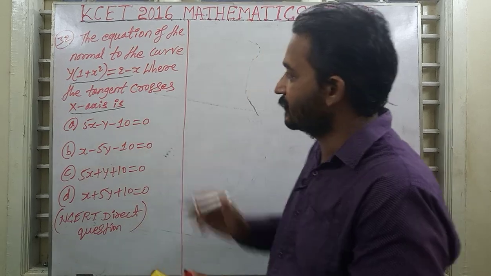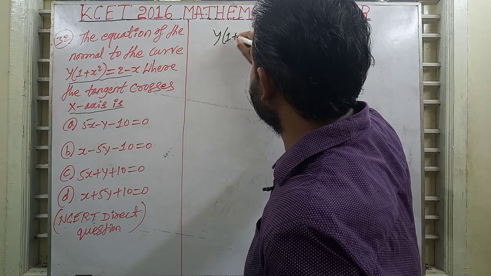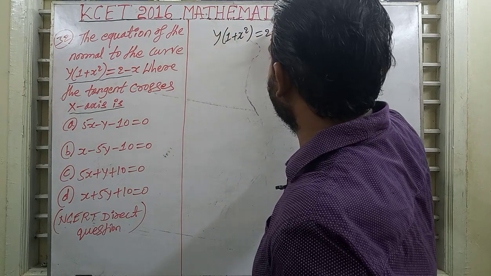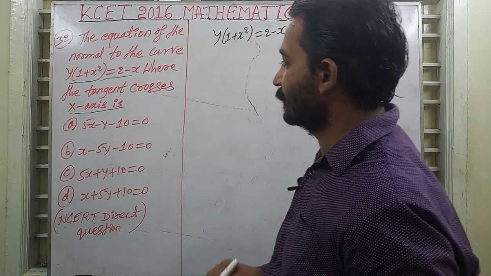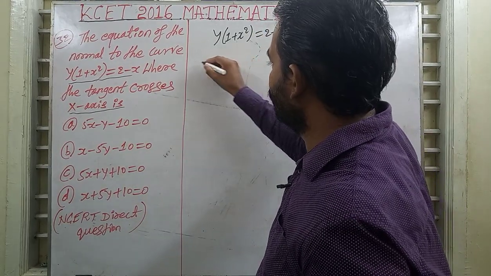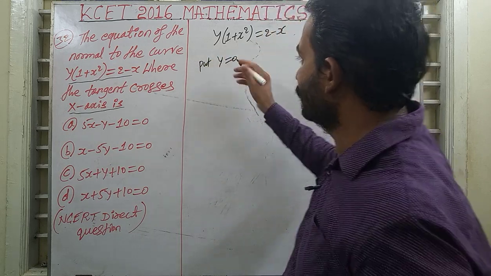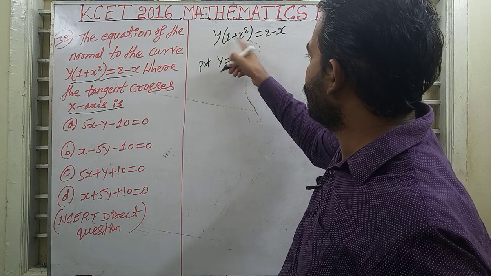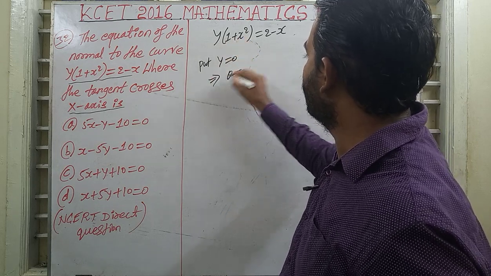Let us take first y into 1 plus x square is equal to 2 minus x. Where the tangent crosses the x-axis means what? y is equal to 0. Put y is equal to 0 and we get the x value. So, 0 multiplied by anything on the left hand side, 0 is equal to 2 minus x.